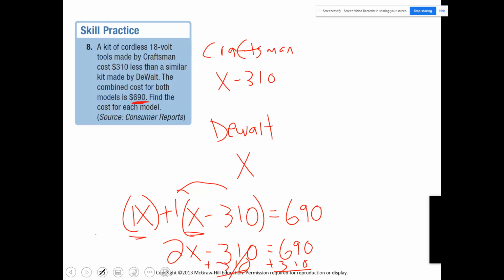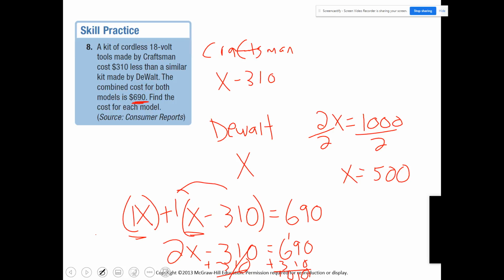These guys cancel out, and I'm going to get 2x equals 1,000. Divided by 2, we get x equals 500.